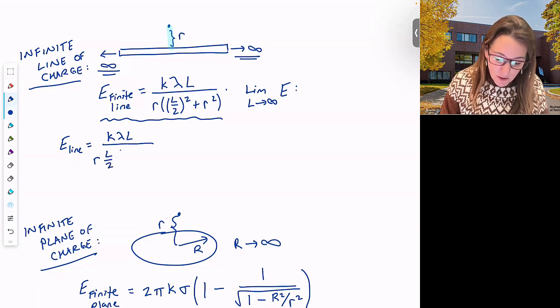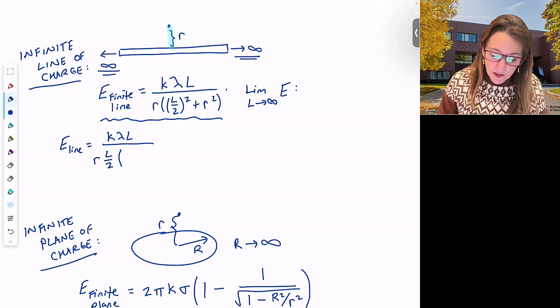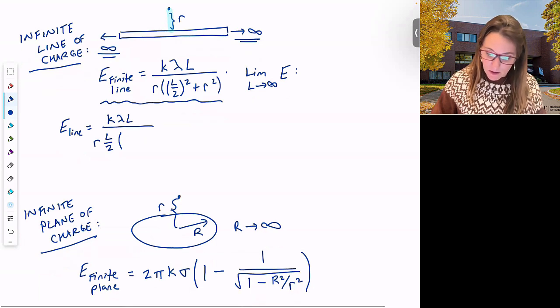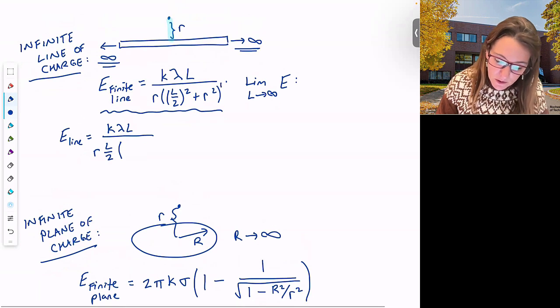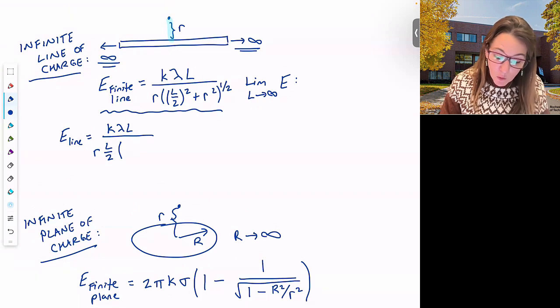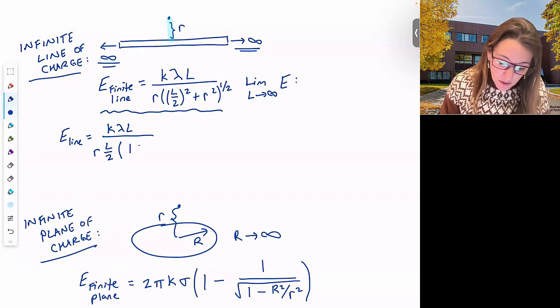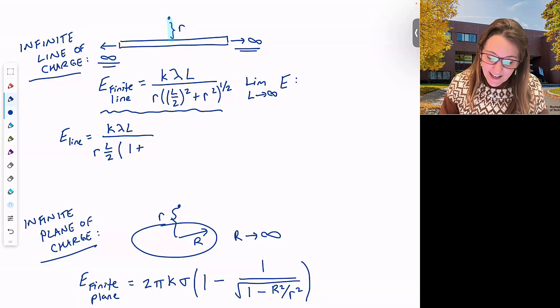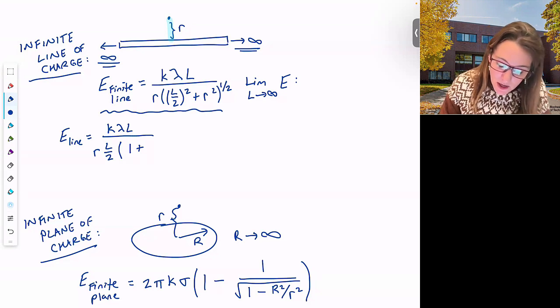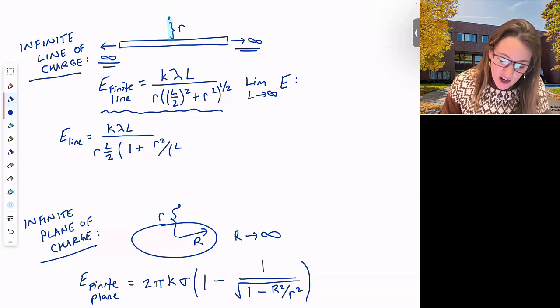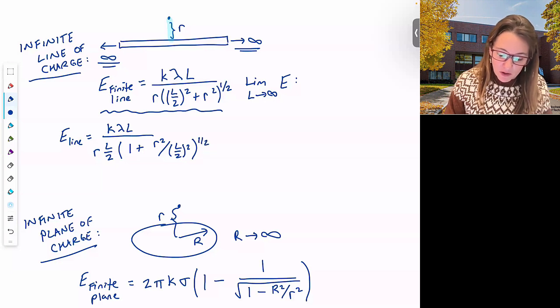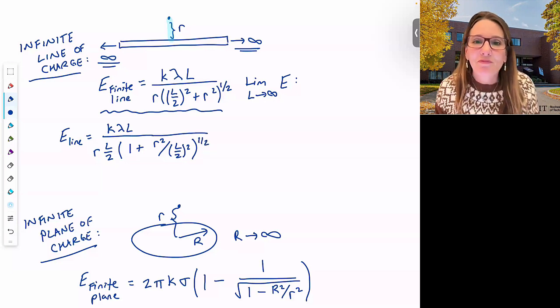Then the square root term will be 1 plus r squared over quantity L over 2 quantity squared, and then that whole thing to the 1/2 power.